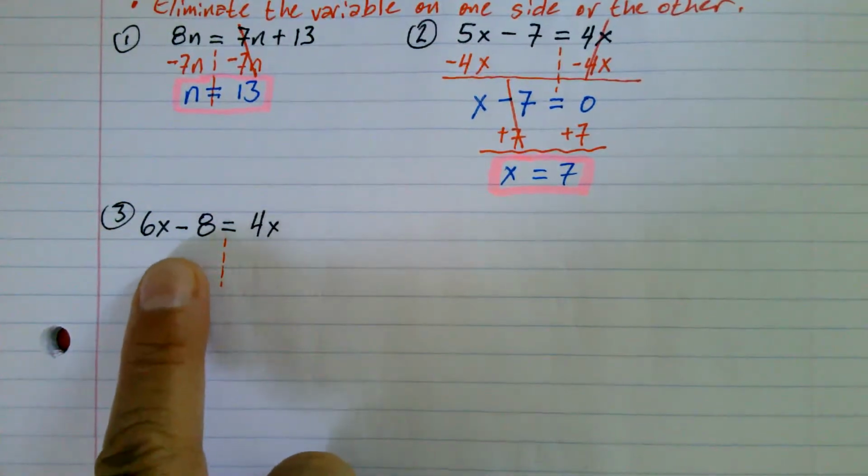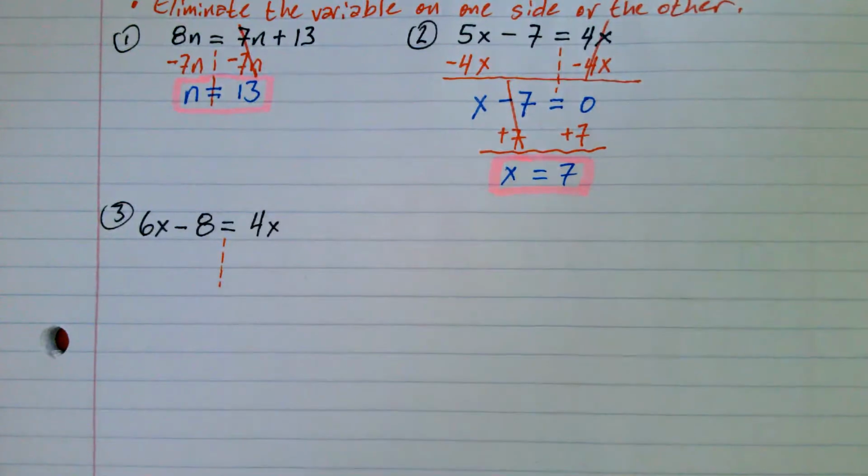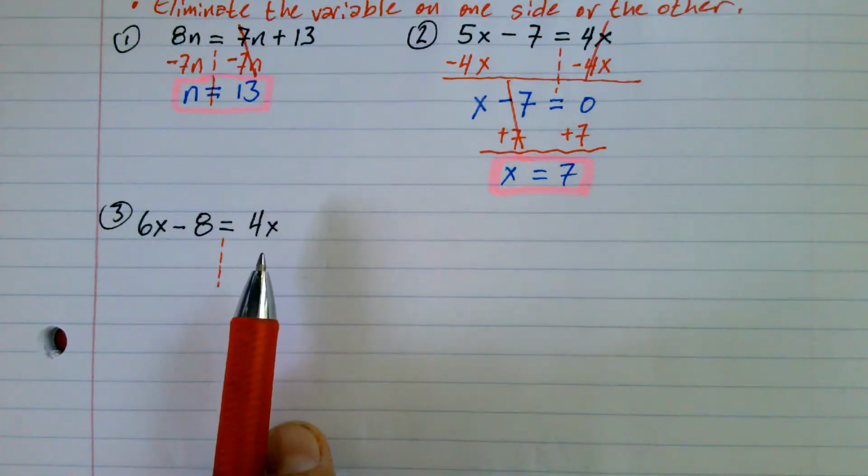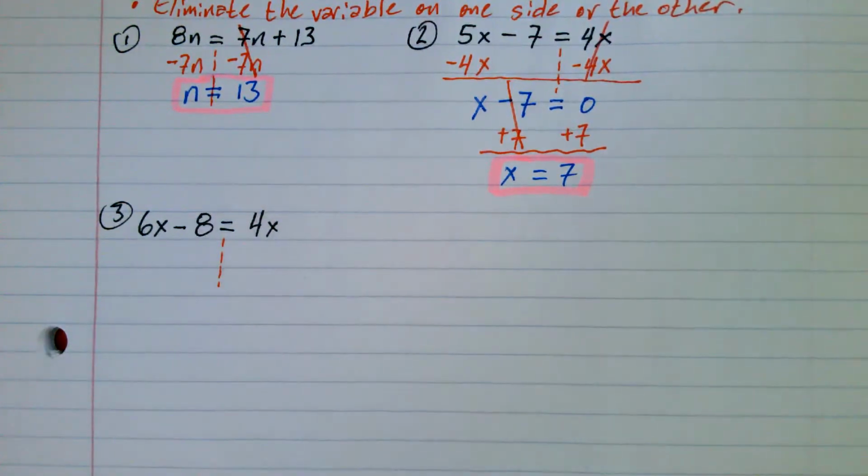Can I combine anything on the left or on the right? If so, what can I combine? That's correct, Michael. Nothing to combine. Correct. So now, do we eliminate 4x or 6x?